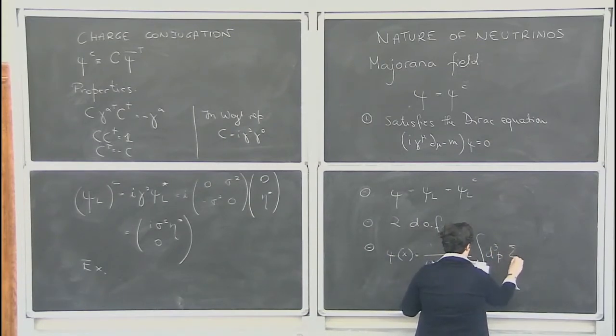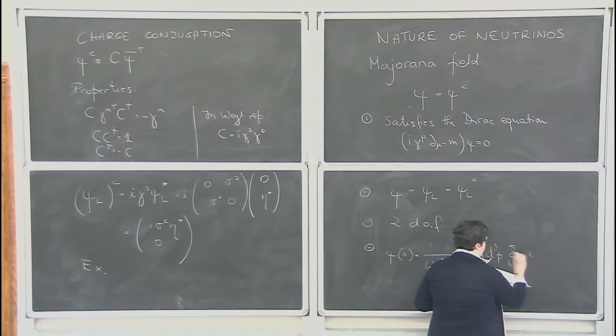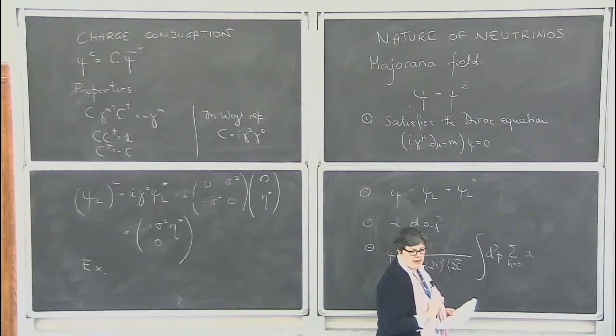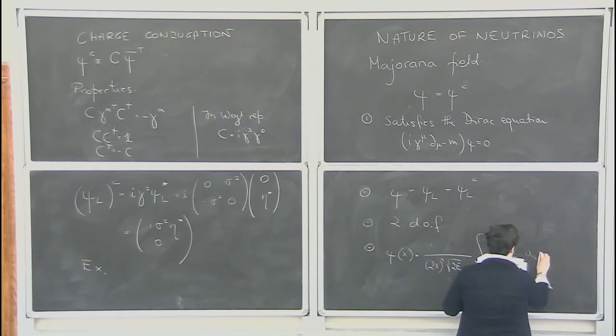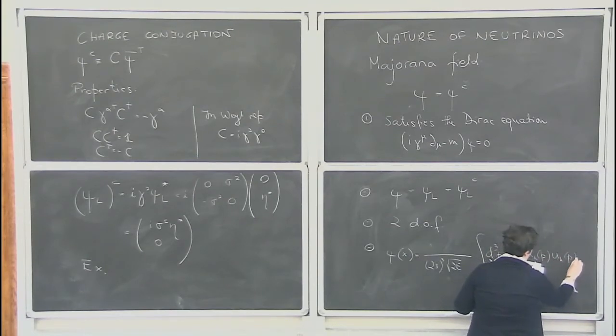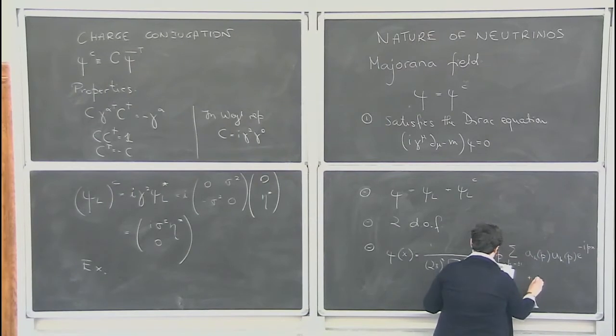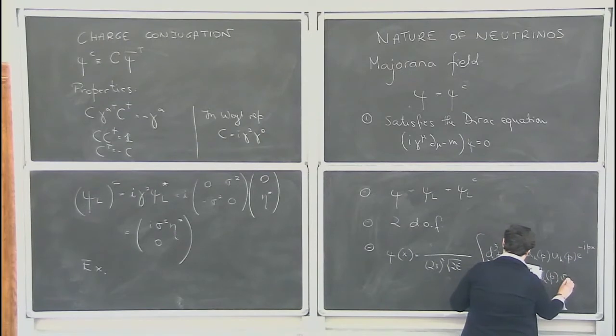And now I sum over the helicities, and I have only the operator A. B corresponds to A, so I will write A_h(p) u_h(p) e^{-ip·x} plus A_h†(p) v_h(p) e^{ip·x}.